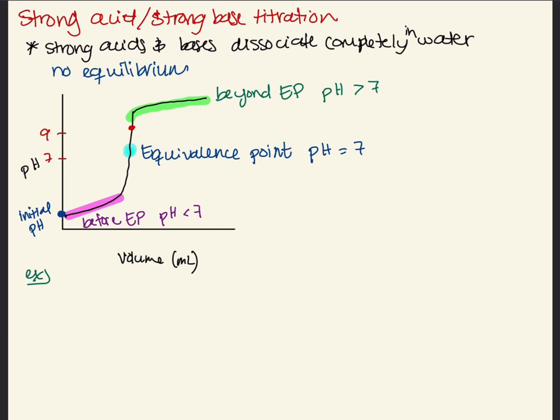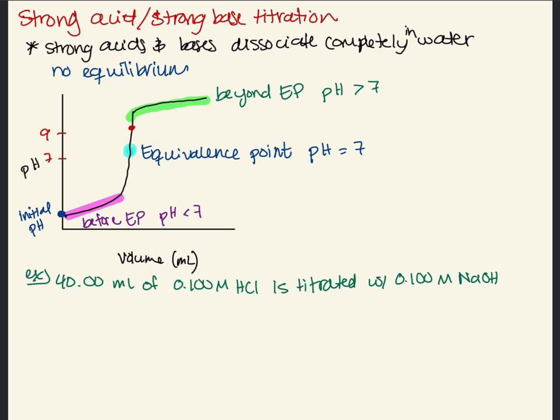So we have 40 milliliters of a 0.1 molar HCl solution that is titrated with a 0.1 molar sodium hydroxide solution.